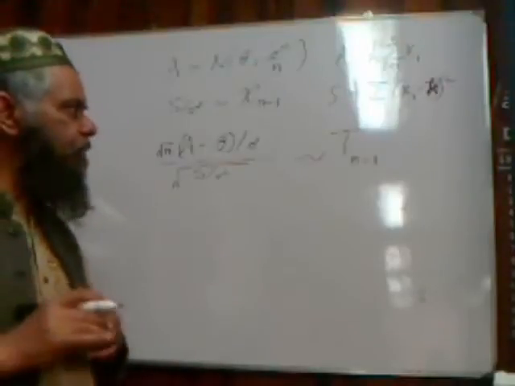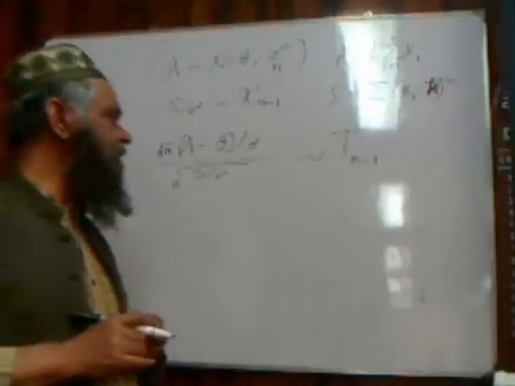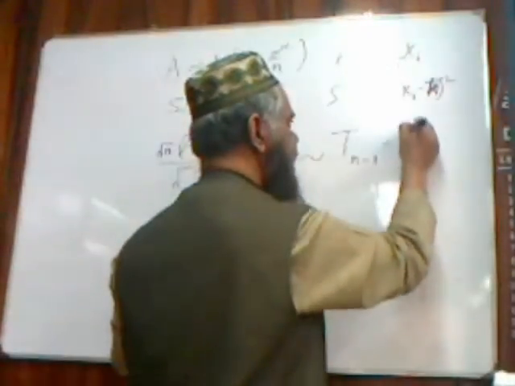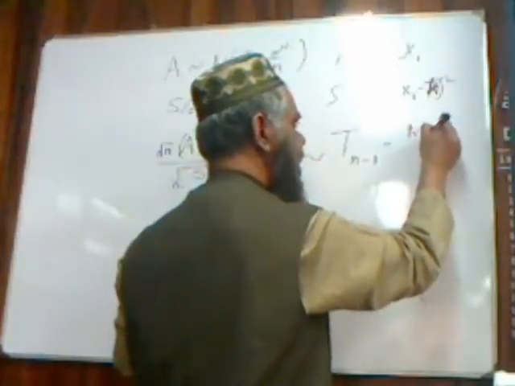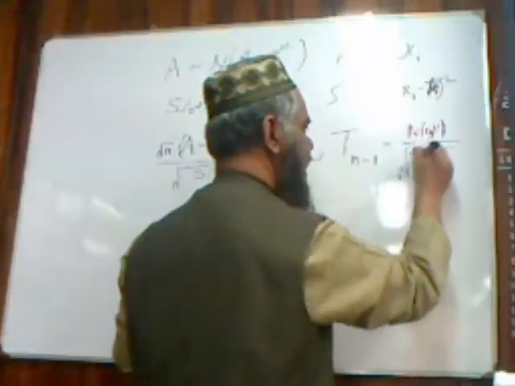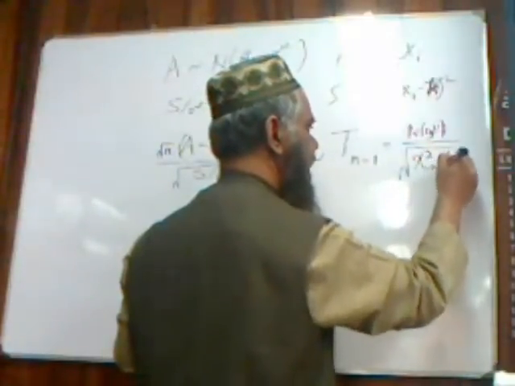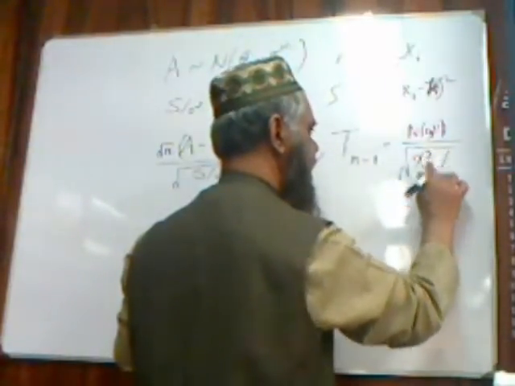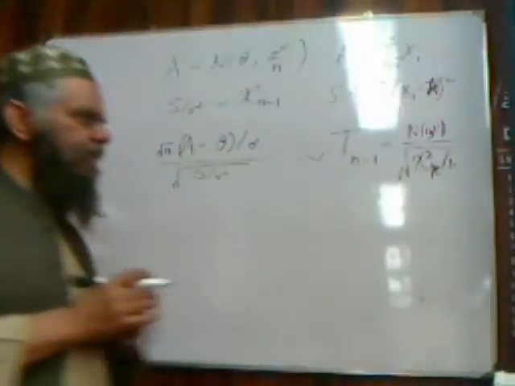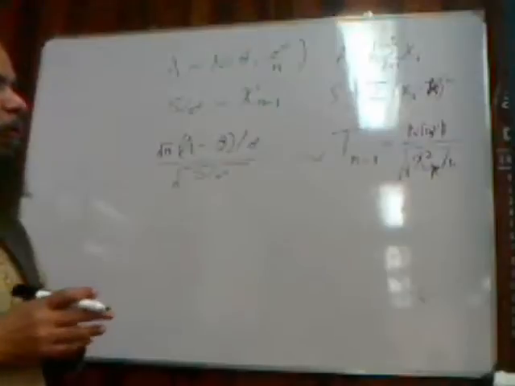So T distribution is completely known. Oh, and I made a mistake when I was defining it. A T distribution is N(0,1) divided by the square root of chi squared k divided by k. In this particular case, k is n minus 1.